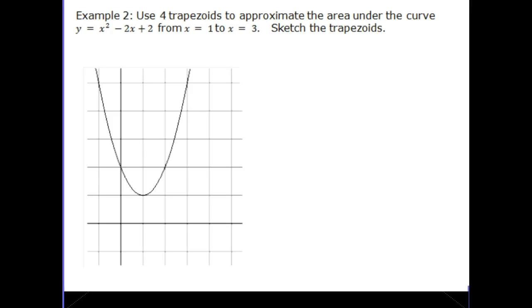All right. Using 4 trapezoids, approximate the area under the curve. So we're given a curve. What curve is this? This is a quadratic. Shift it up 1 unit. We are trying to approximate the area under the curve from 1 to 3.